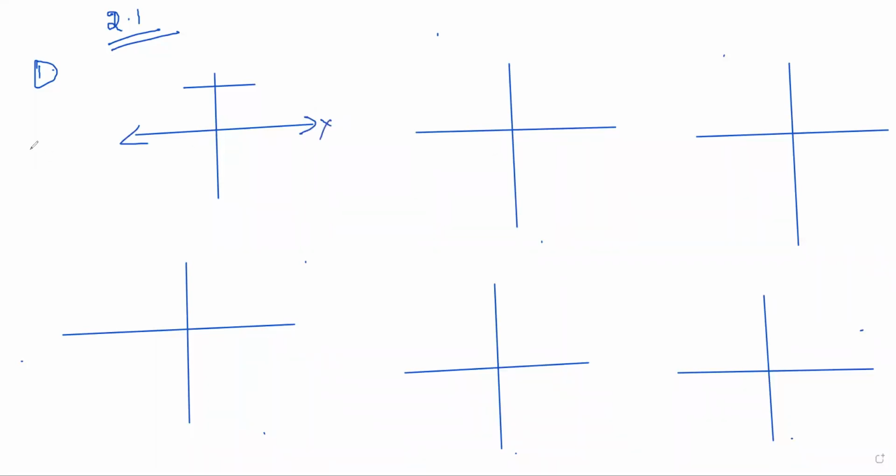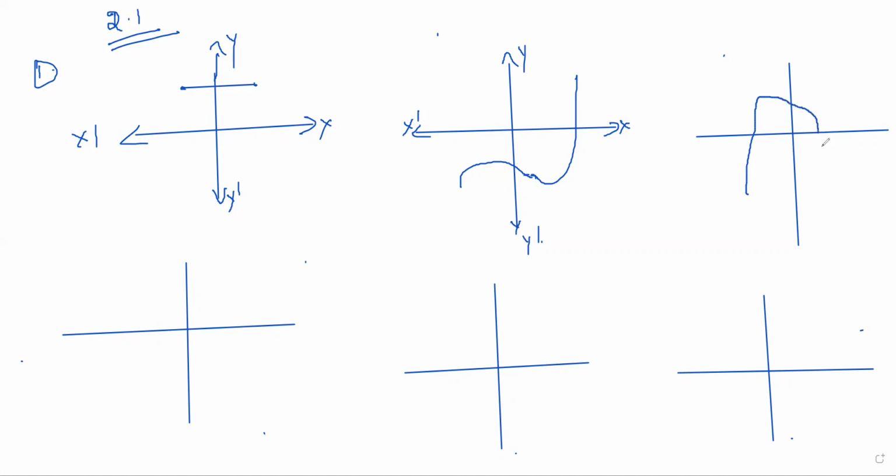This is x, x dash, y, y dash. So it is a straight line. X axis, y-axis. Here the curve is like this, children. And then the third picture, like this.